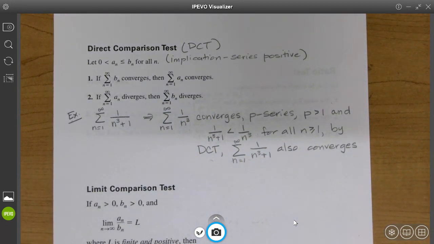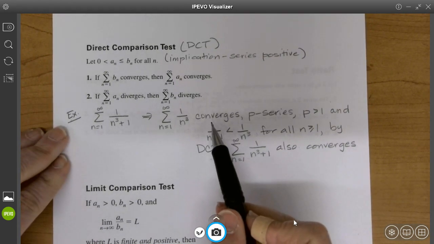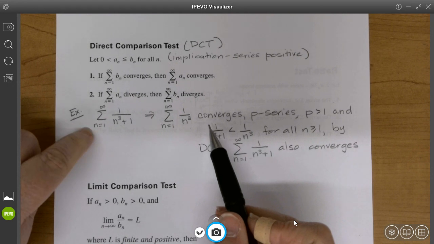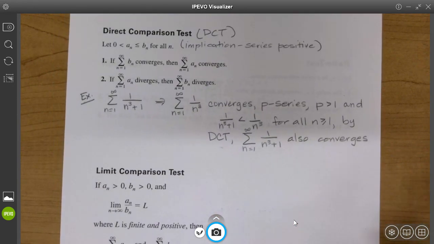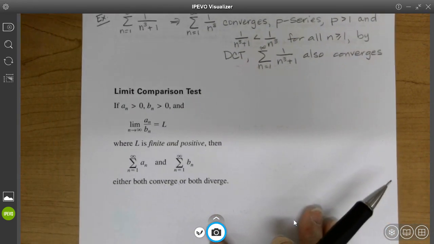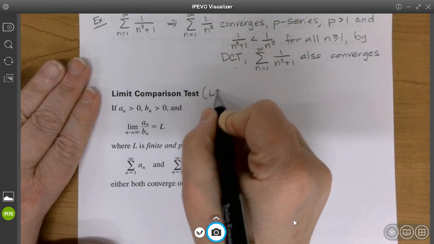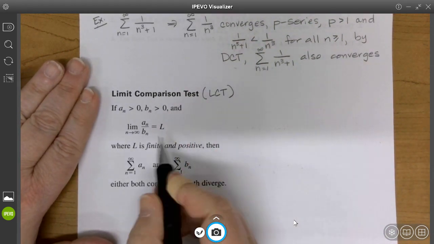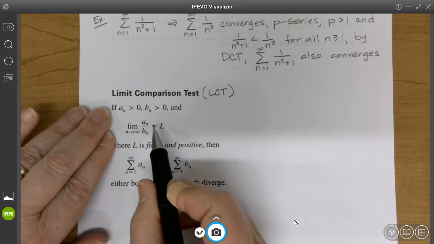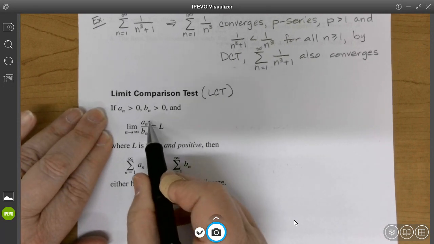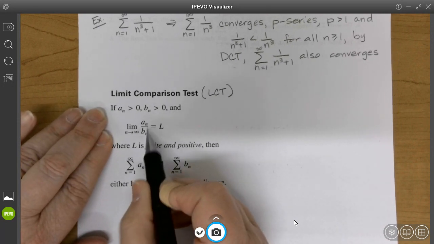So for the direct comparison test, you have to know one that either converges or diverges to compare it to the one that you don't. All right. Now, the next one is also a comparison test, but I like it a lot better because it compares the limit of the ratio of your nth terms.